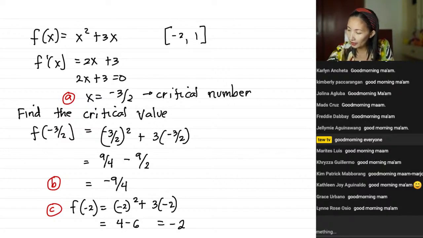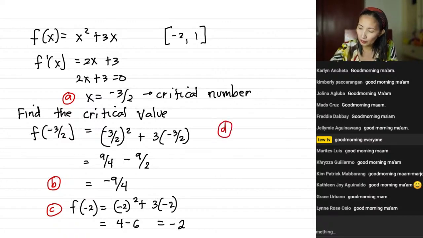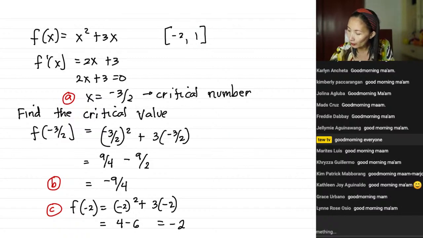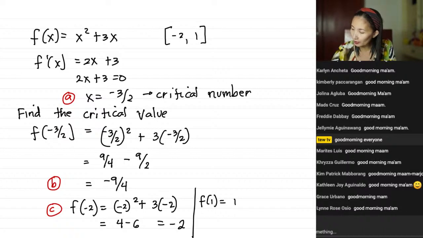We're not done yet with step number 3. We also have to evaluate the function at the other endpoint, f of 1. What is f of 1? The other endpoint is 1 squared plus 3 times 1.